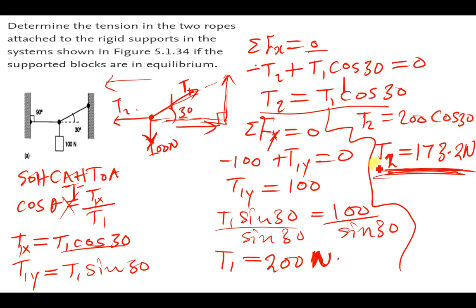This is the tension in rope number 2, which is this one. This one I named as T1, and this one as T2. So the tension in this rope is 173.2 newtons. Then the tension T1 is 200 newtons.